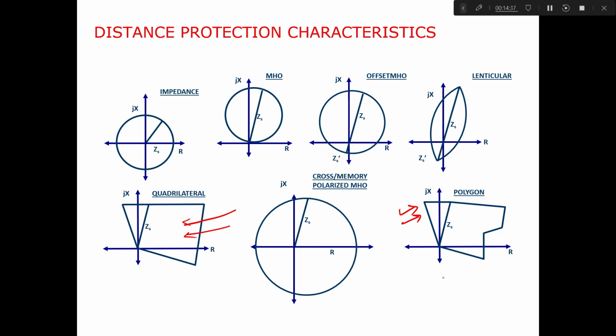So we have to cut a portion of the characteristic depending upon the load characteristic, and this is for the load encroachment region. And another thing, if you see in this characteristic, the top part is inclined at some angle, and this is to take care of the pre-fault power flow direction. Nowadays, this is made dynamic, and we will discuss this dynamic characteristic also in the coming slides.